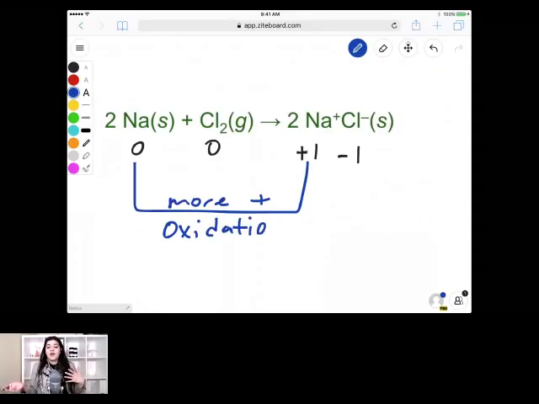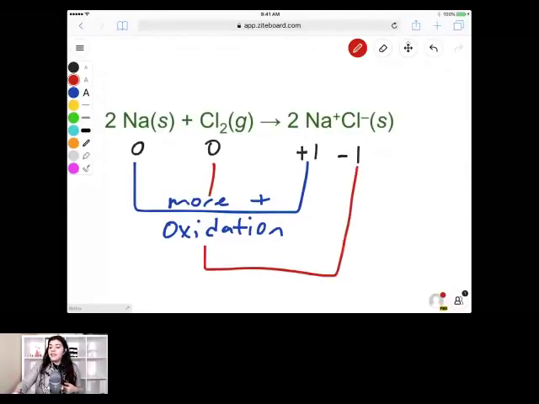Since sodium is being oxidized, what is being reduced? What's becoming more negative? We'll see that the chlorine is becoming more negative, going from 0 to -1. So that must be reduction. So that Cl2 must be what is being reduced as a whole.